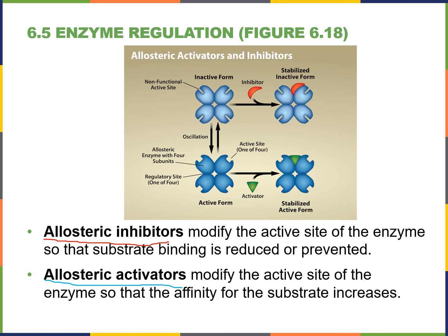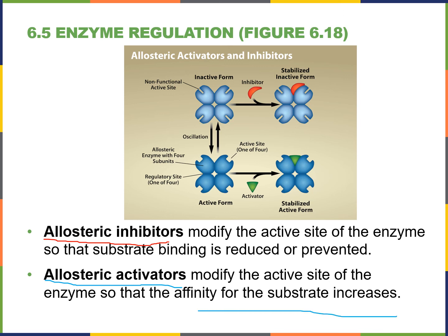Allosteric inhibitors modify the active site of the enzyme so that the substrate binding is reduced or prevented. So again, it's not binding to the active site, but it's binding to a different allosteric site, and that causes the active site to not have the capability to bind the substrate any longer. On the other hand, the allosteric activators modify the active site of the enzyme so that the affinity for the substrate increases.